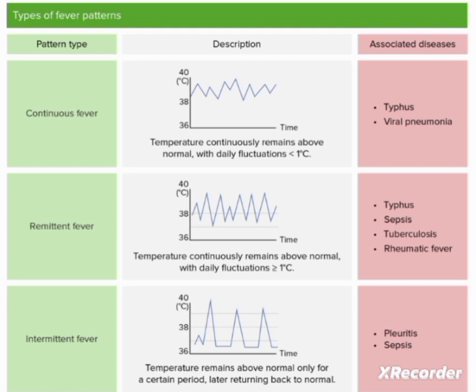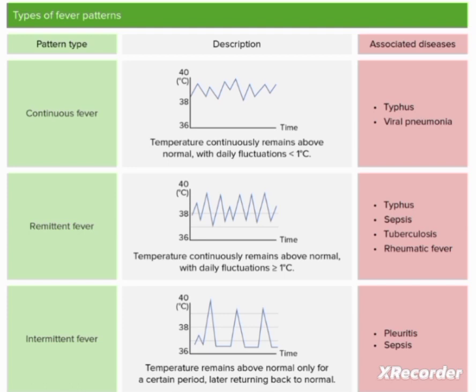Second one, remittent fever. Remittent fever is a fever characterized by variations more than 1 degree Celsius, and here the fever does not reach normal. So same like continuous fever, the fever is characterized by fluctuations that are more than 1 degree Celsius, usually above 2 degrees Celsius, and here there will be fluctuations in the morning and evening.